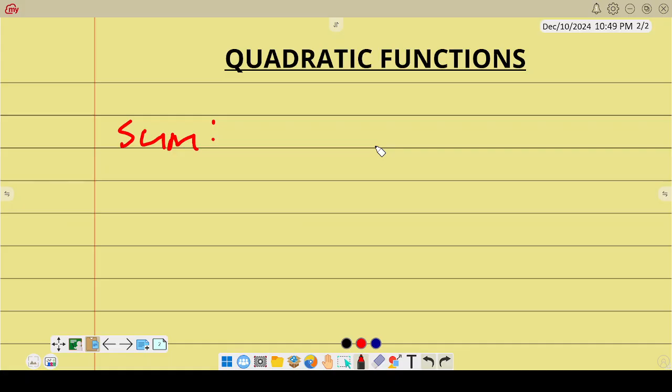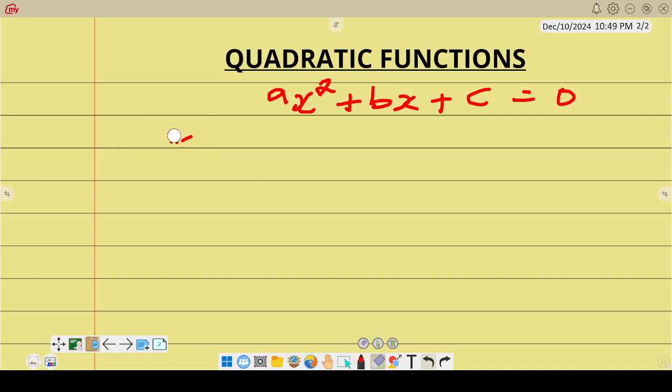So we said ax squared plus bx plus c is equal to 0. I'll have to look at what these things called the sum and product.